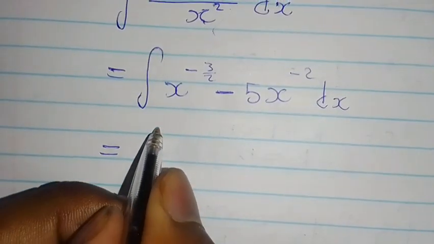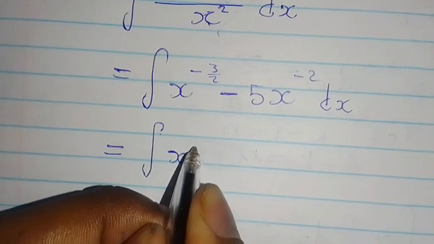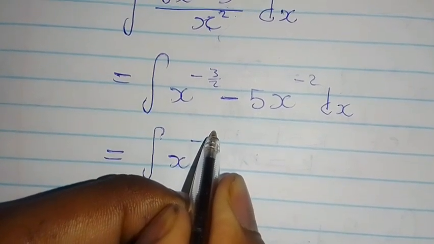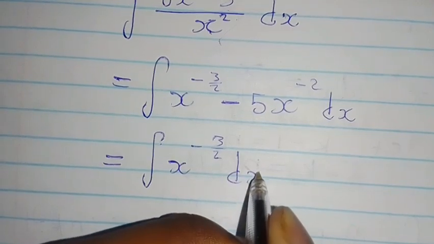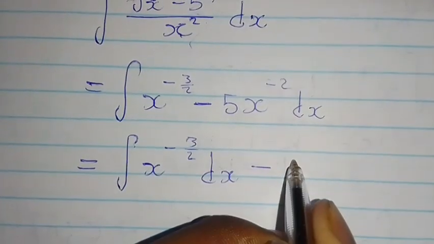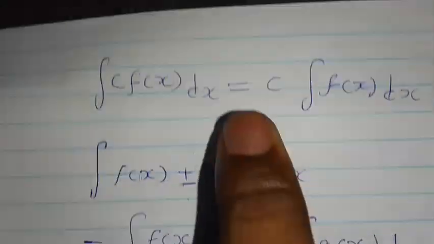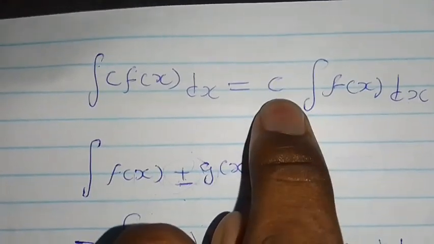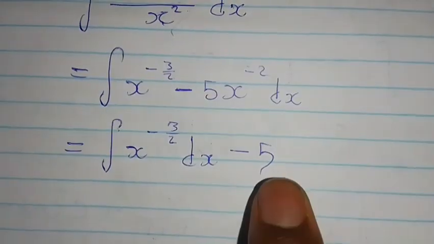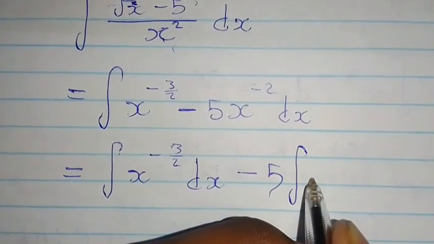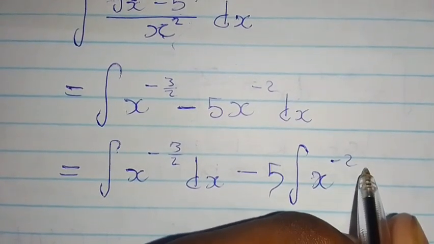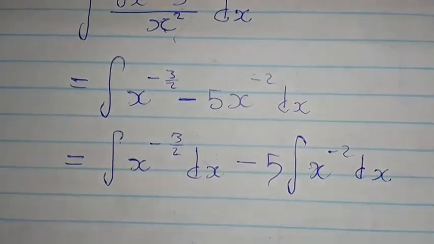But let me just do that. This will be the integral of x to the power minus 3 over 2 dx minus 5. I applied the rule where I take the constant outside. Now I'm going to take the 5 outside. Then I'll have the integral of x to the power minus 2 dx.